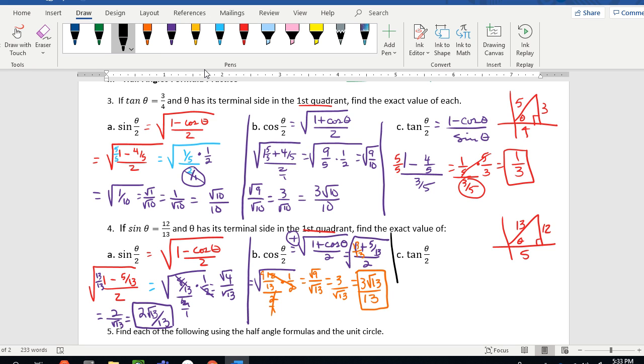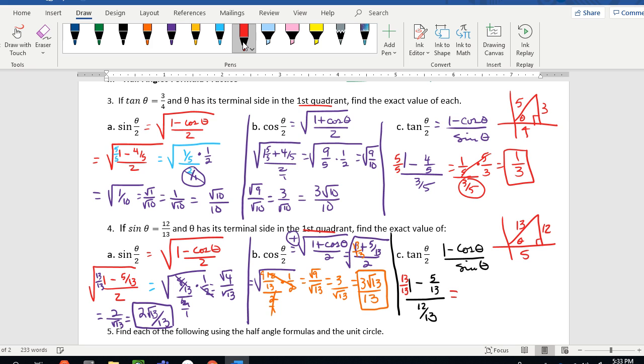We need to work. Last one, tangent, 1 minus cosine theta over sine theta. So that leaves me 1 minus 5 over 13 over 12 over 13. This is one that I need to make 13 over 13. I had to do that to all of these, didn't I? All right.